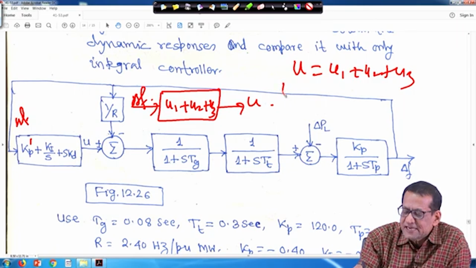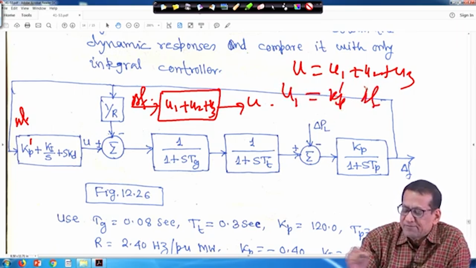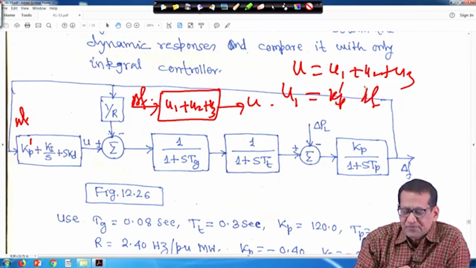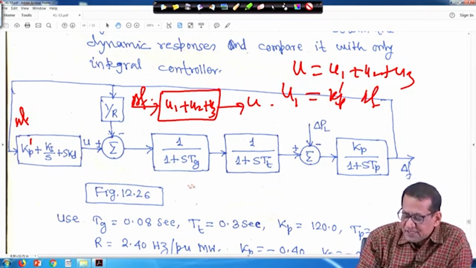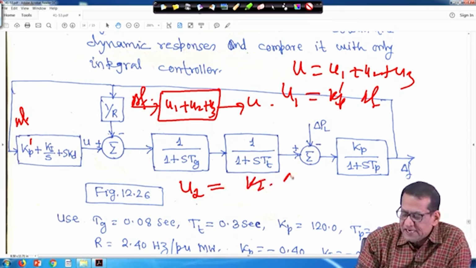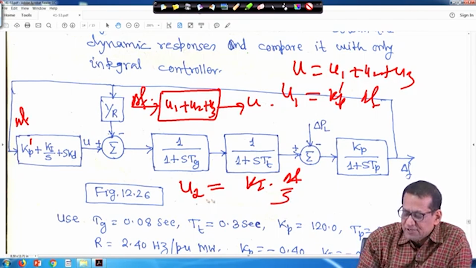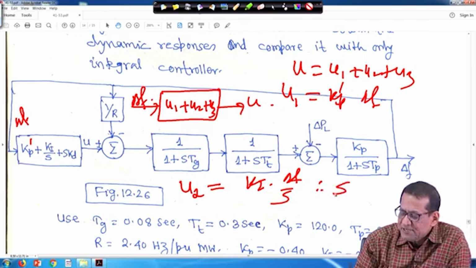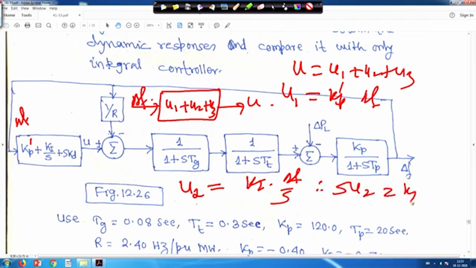U1 is straightforward, U1 is equal to Kp dash into delta f. Now, U2 is equal to Ki into delta f upon S. If you cross multiply, it will be S U2 is equal to Ki into delta f.